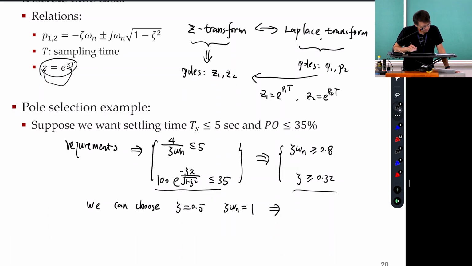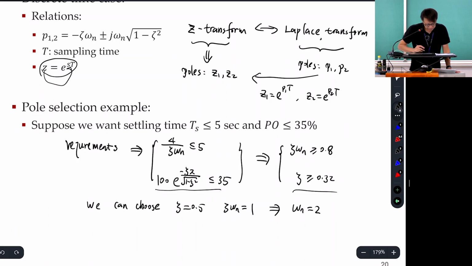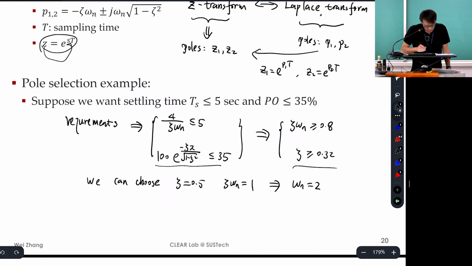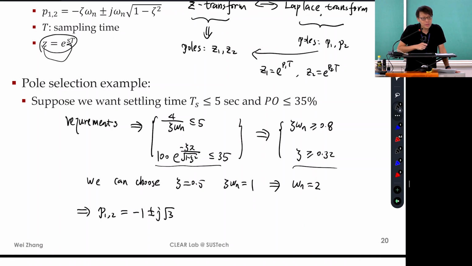So omega n equal to 2 in this case. Then my desired eigenvalues, or poles, are -1 plus minus j square root 3. If you just plug in the formula for the poles, that's what you get.